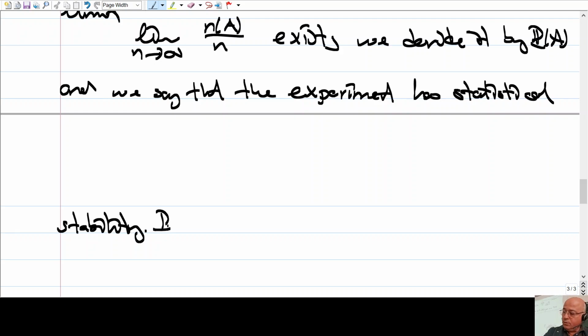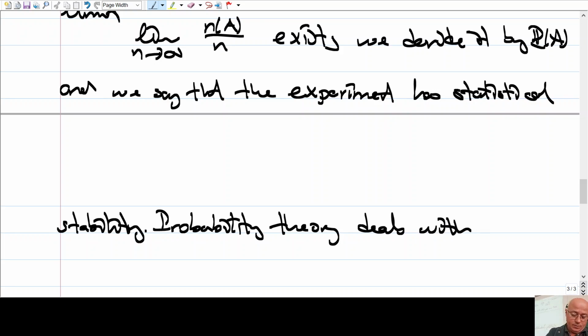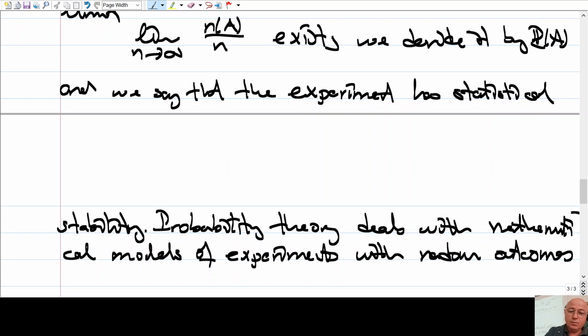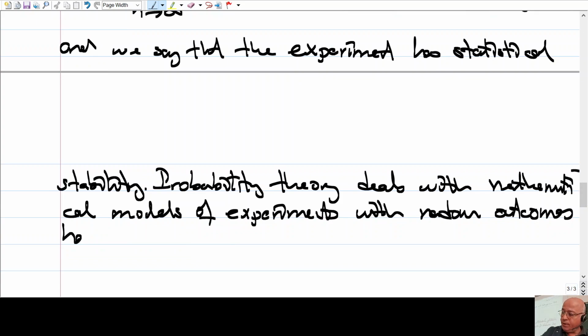Okay, so probability theory deals with mathematical models of experiments with random outcomes having statistical stability.